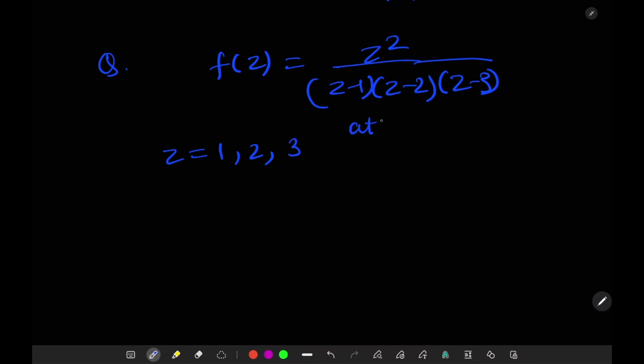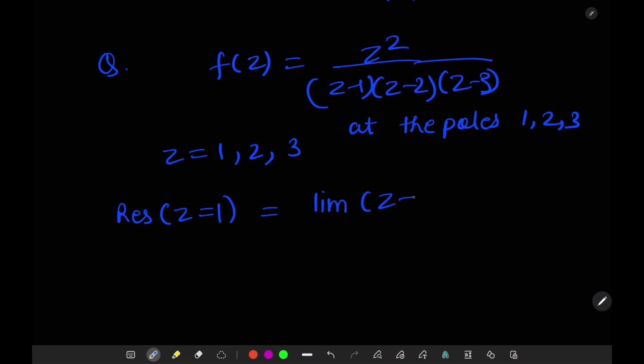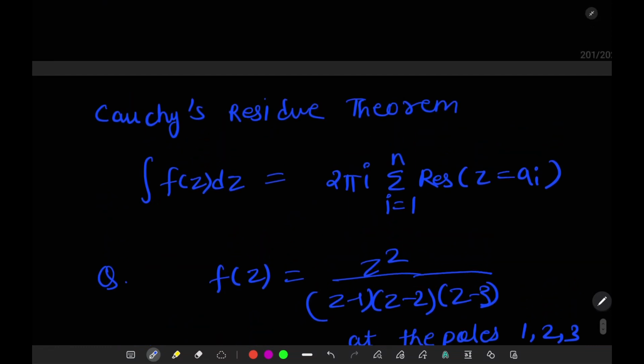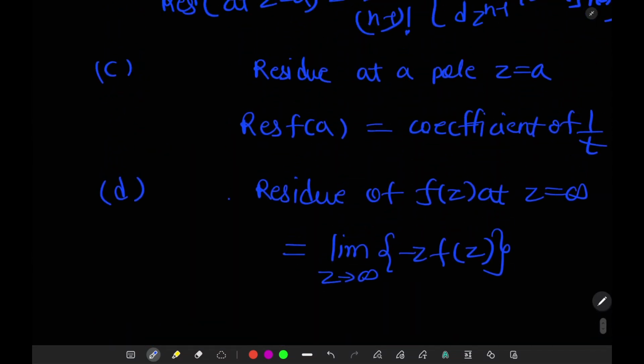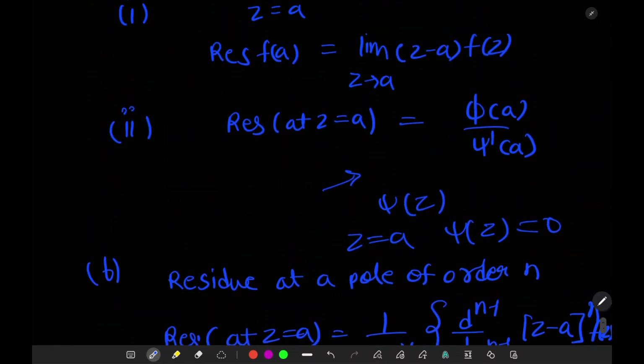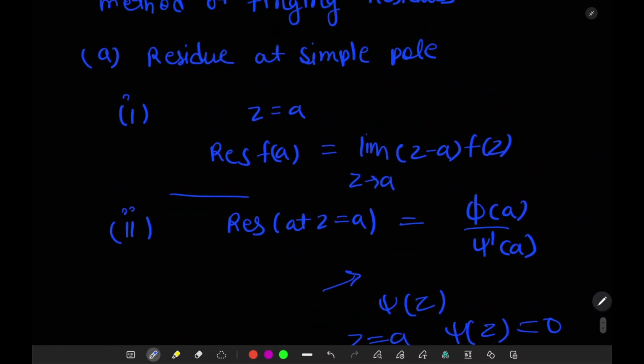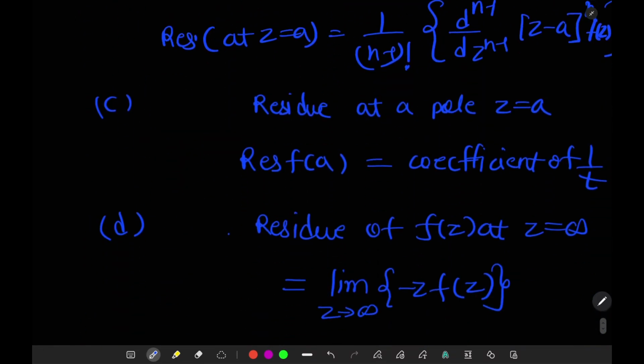In this question we find the residue at the poles 1, 2 and 3. Here, residue at z = 1, we use the limit of (z - 1) f(z), the first case.